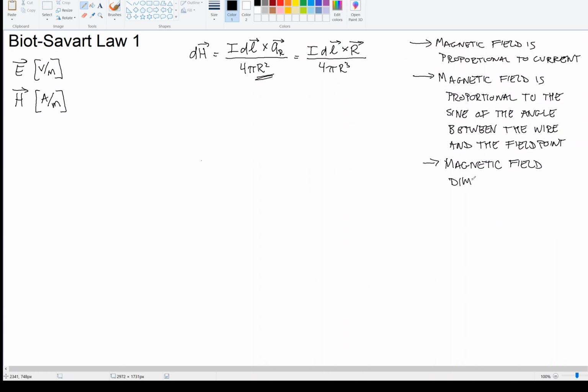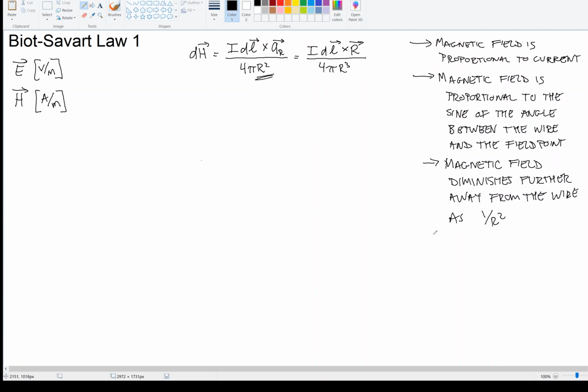So this thing diminishes further away from the wire as 1 over r squared. So the further away you get from that wire, the lower the magnitude of the magnetic field intensity is.